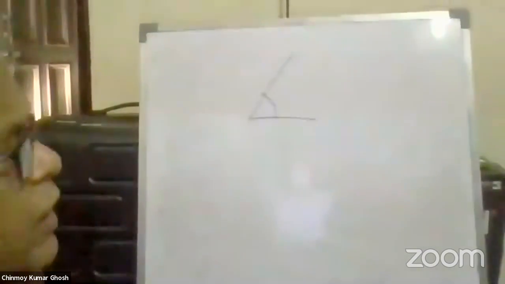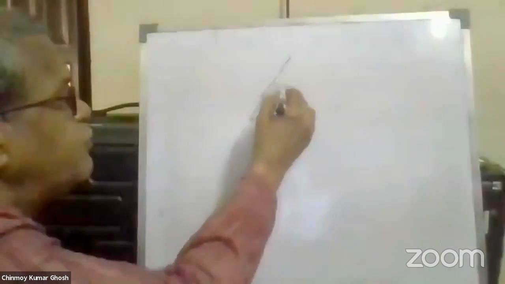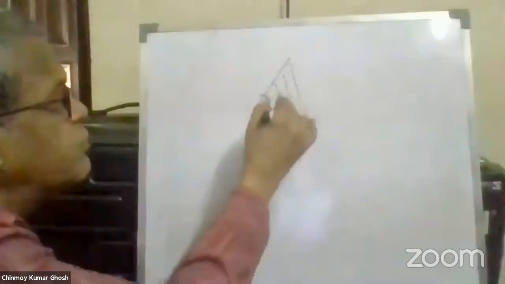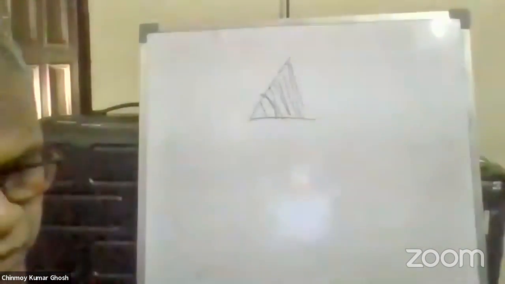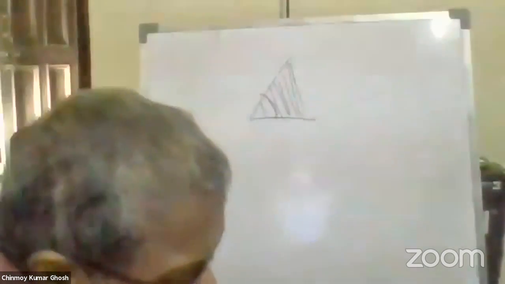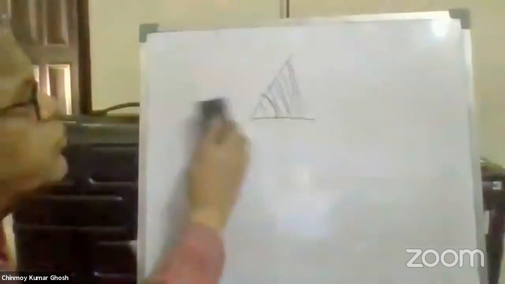Now, what is this angle? Is this the space between the two straight lines? Number one. And number two, is this definition of angle very much tenable?